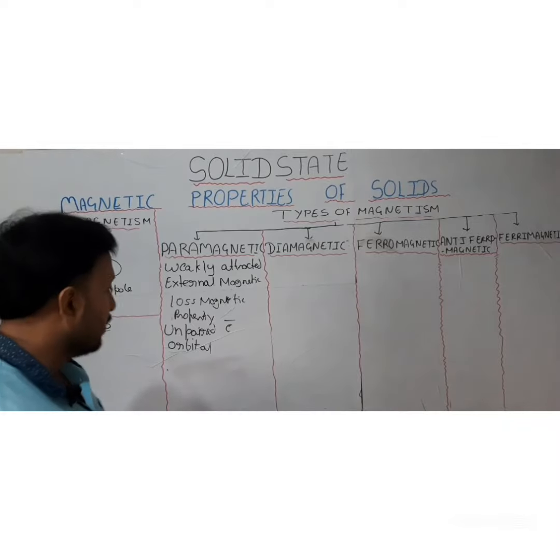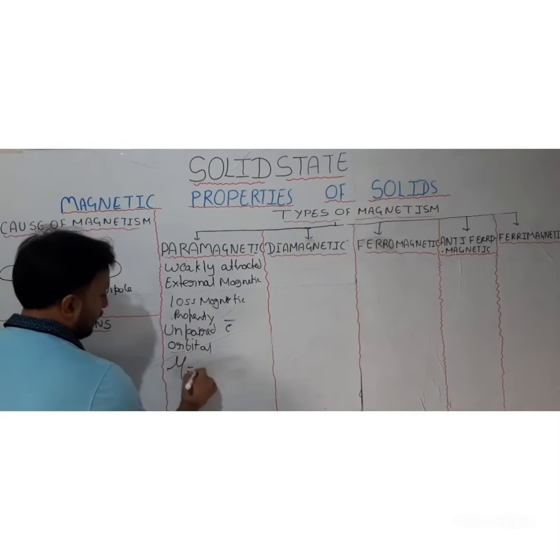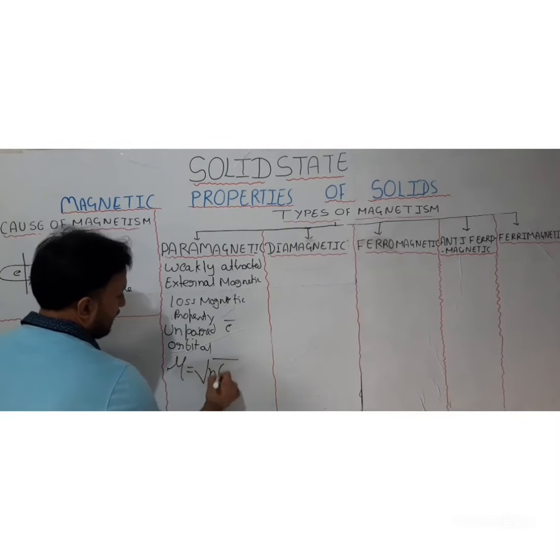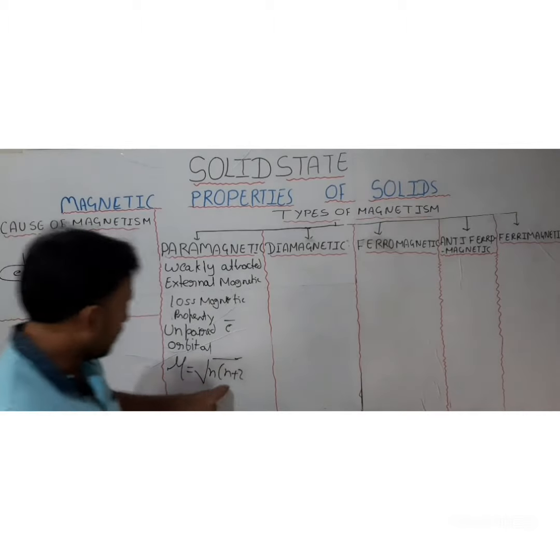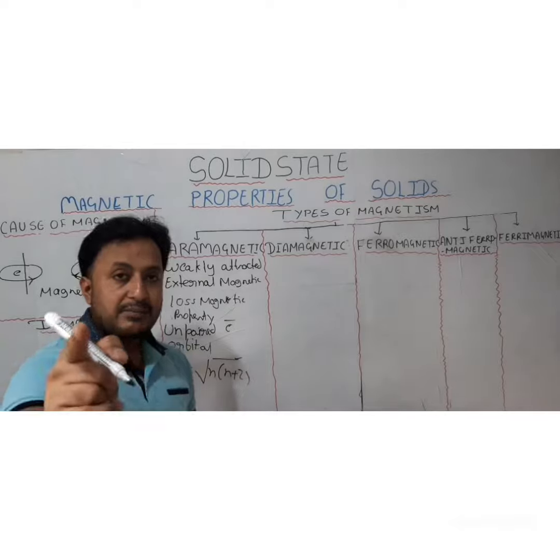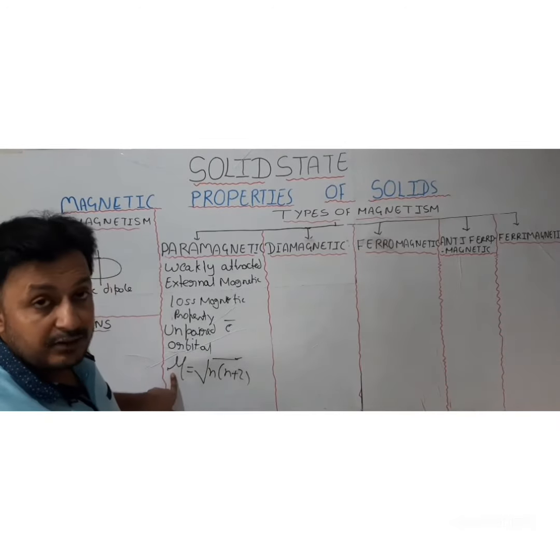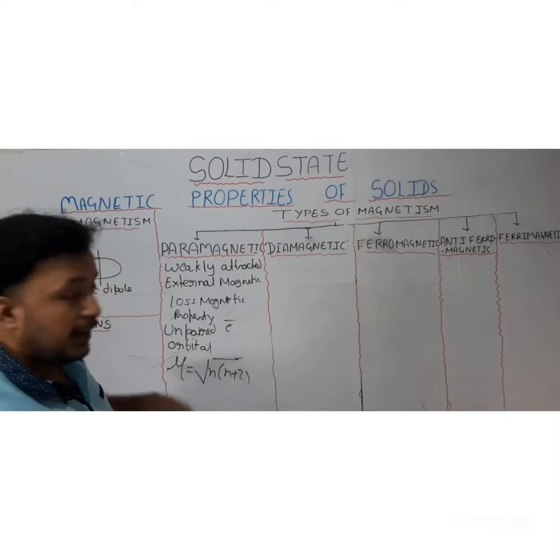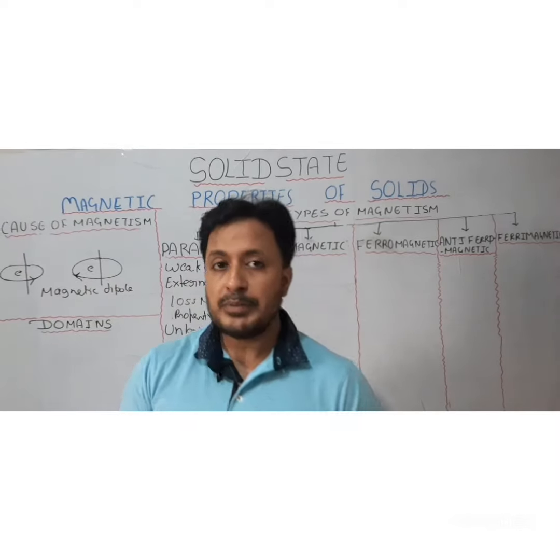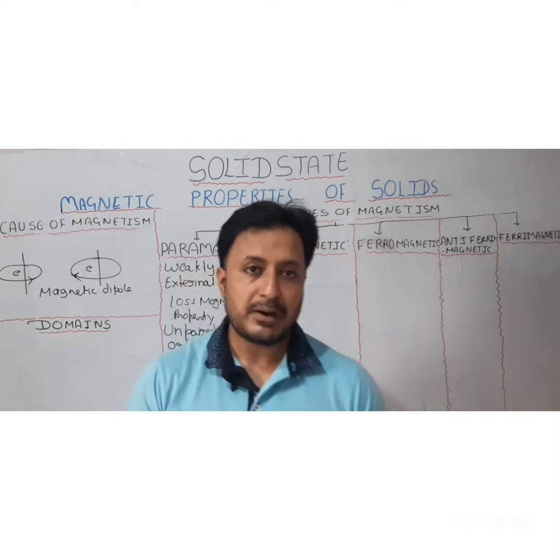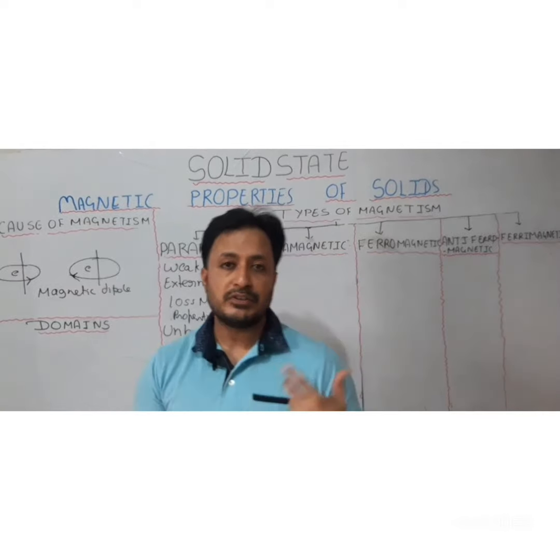One formula we did in grade 11 is mu equals square root of n into n plus 2, where n is the number of unpaired electrons. The value of the magnetic moment helps you compare which substance is more paramagnetic or less paramagnetic.